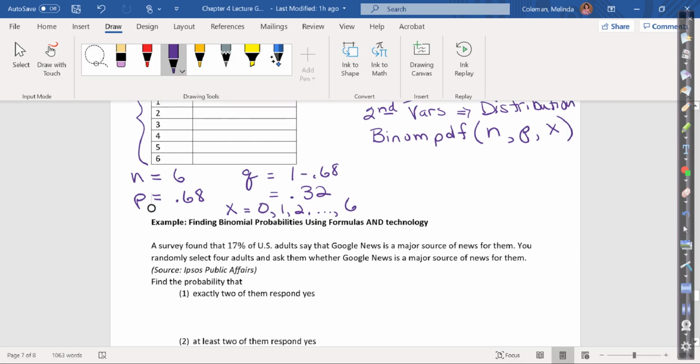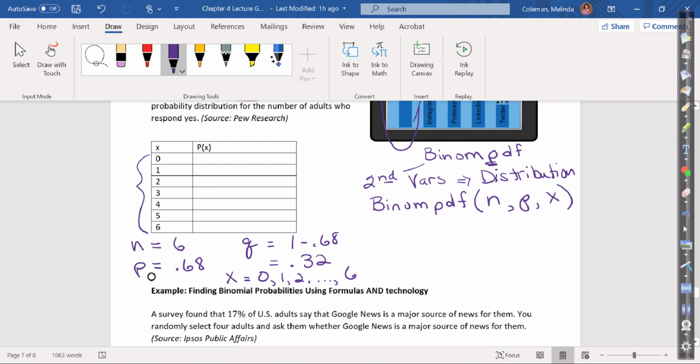So for binomial PDF here, it should be binomial PDF of 6, 0.68, and 0. And my value there was 0.001 with a bunch more digits. So if I rounded to 3 decimal places, this would be 0.001.